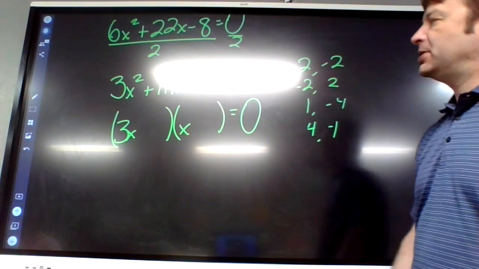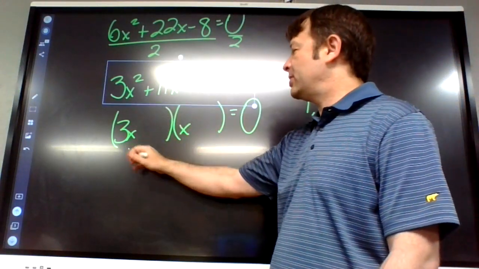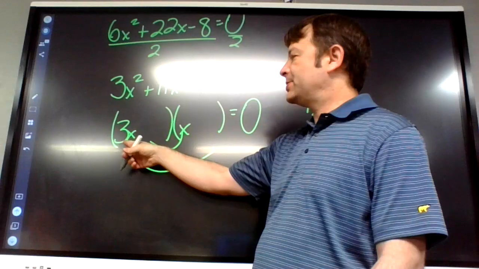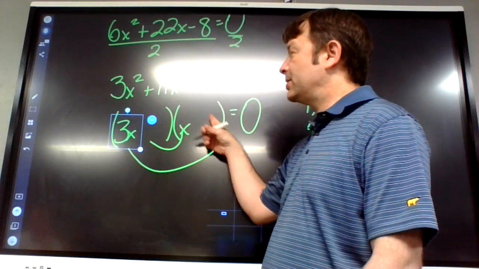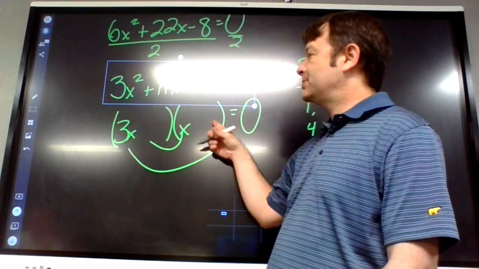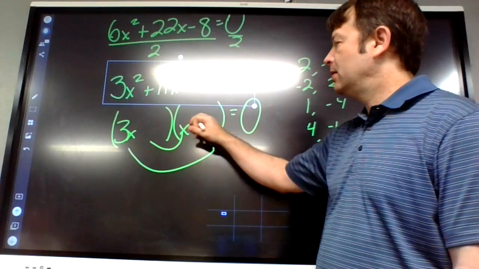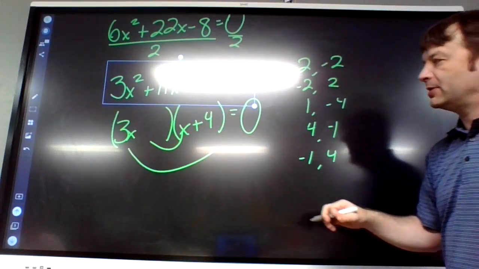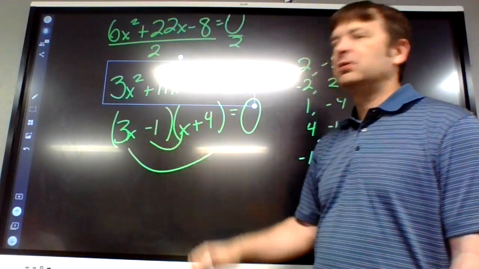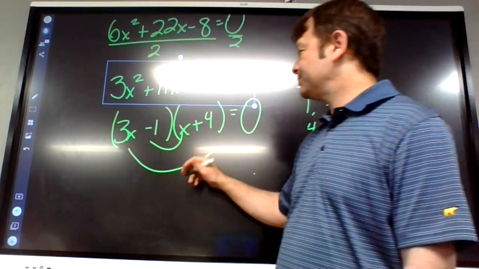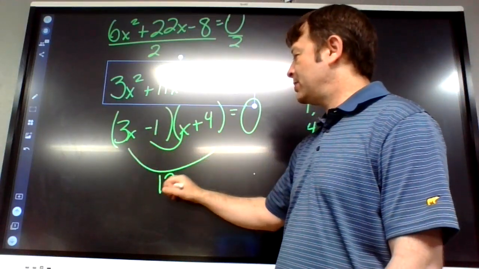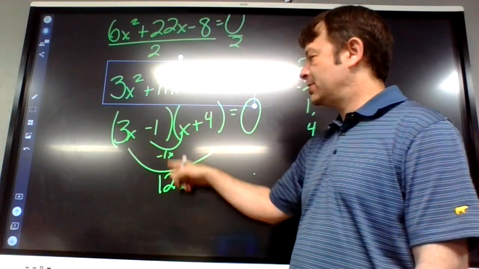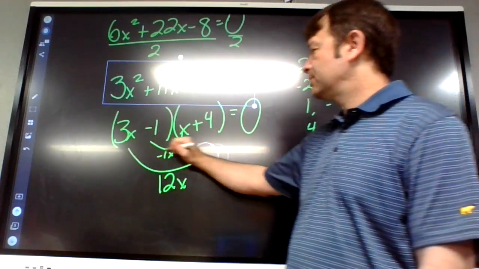Okay, so when I FOIL outside inside, I'm trying to get it to 11. So what do I need to link this 3 with over here to get close to 11? Positive 4. So if this is a positive 4, the front part would have to be a negative 1. And does that give me 11? Yeah, because the outside is 12x, the inside is minus 1x.